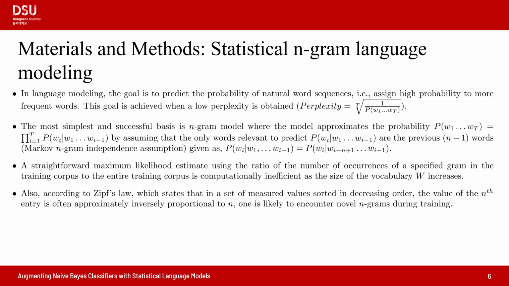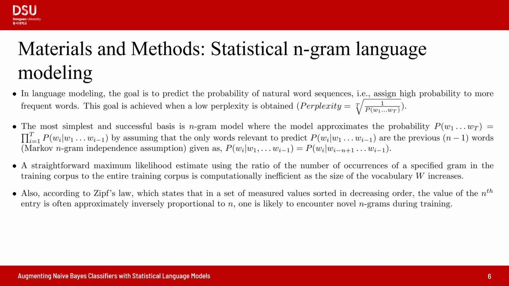So this is the Markov n-gram independence assumption. It is given as the probability of the word i given word 1 to word i minus 1 is equal to the probability of word i given word i minus n plus 1 till word i minus 1. So we are just applying the Markov n-gram independence assumption here.